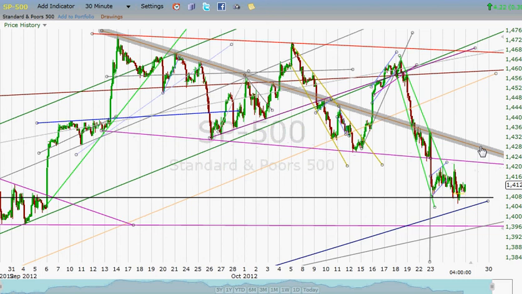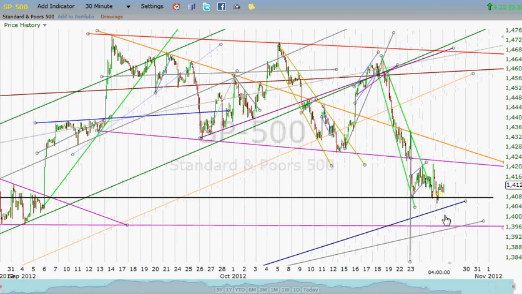So it's almost as if the S&P will likely within the next week or so, if it doesn't make up its mind sooner, eventually the chart looks like we have a set of converging lines.